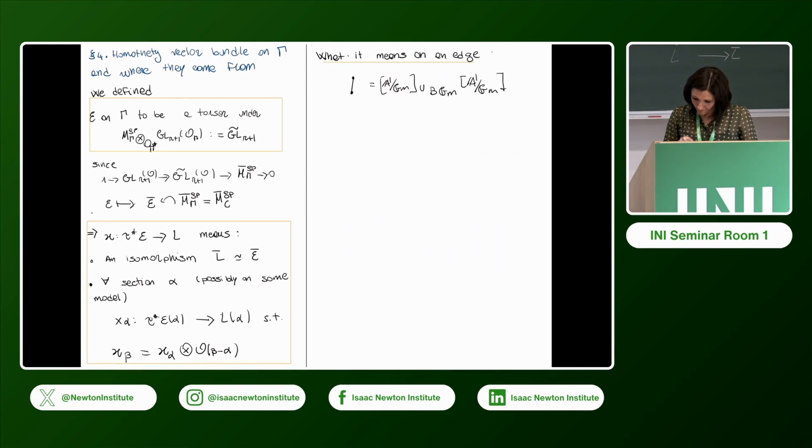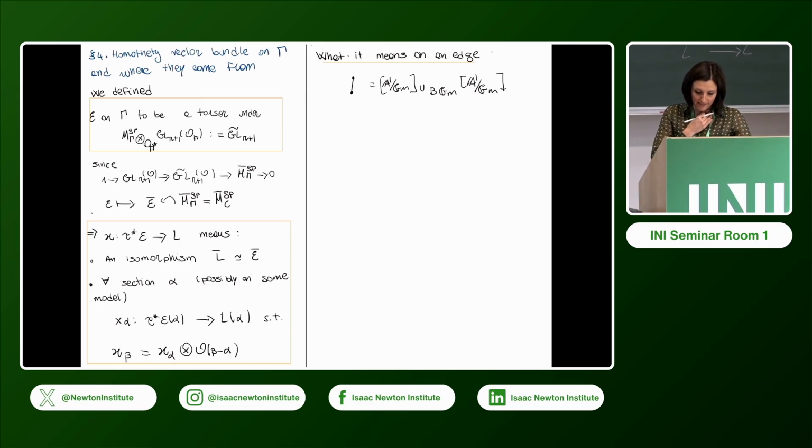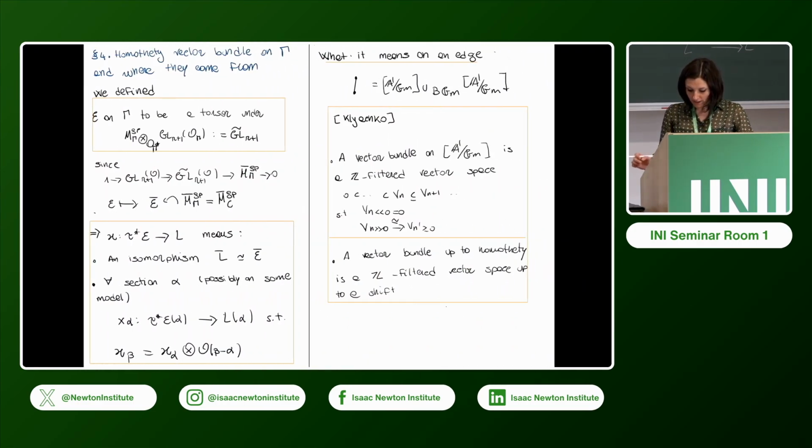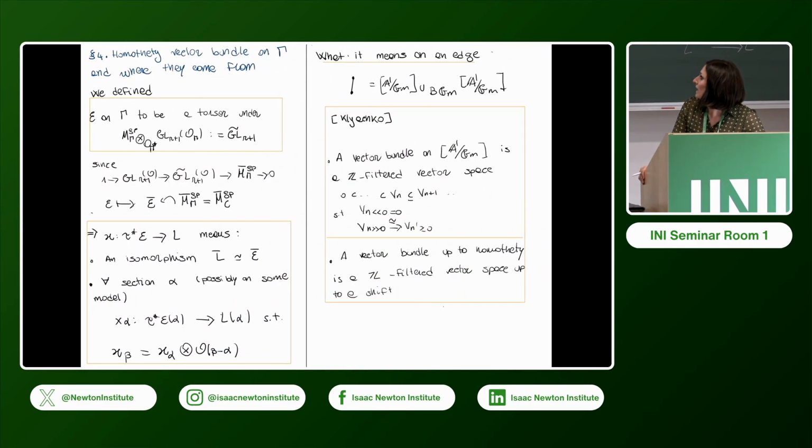Okay, and let me tell you what this is on an edge, which is hopefully going to clarify something, and is probably going to explain also why this vector bundle up to homothety comes out naturally. And to tell you what it is on an edge, let me remind you of a result about vector bundles on toric varieties.